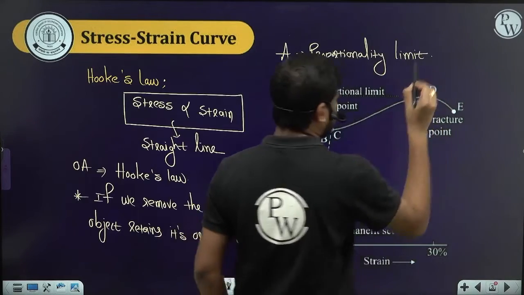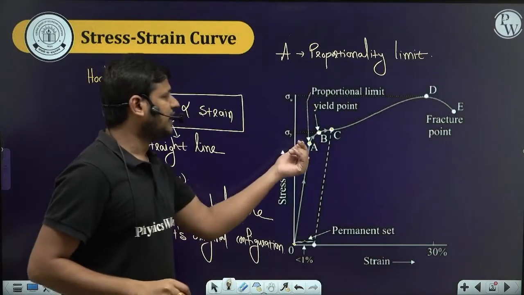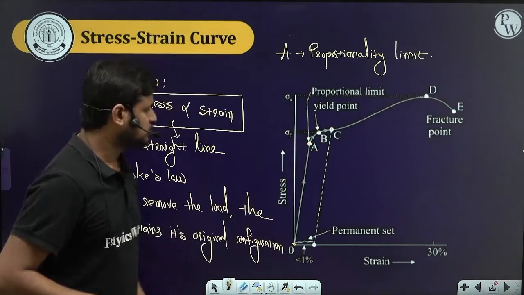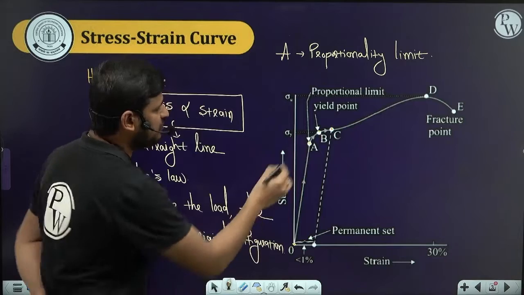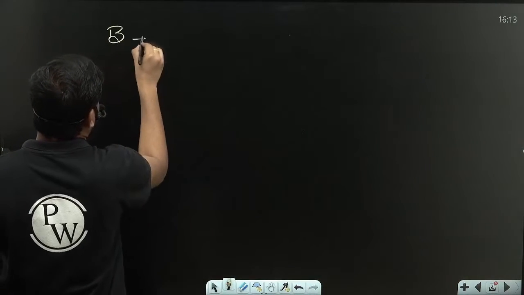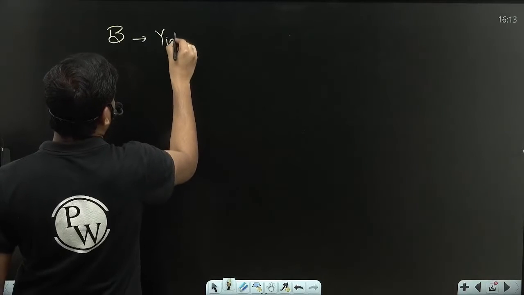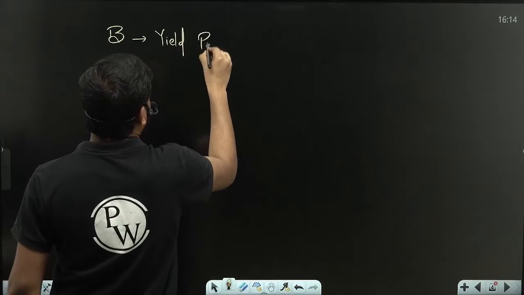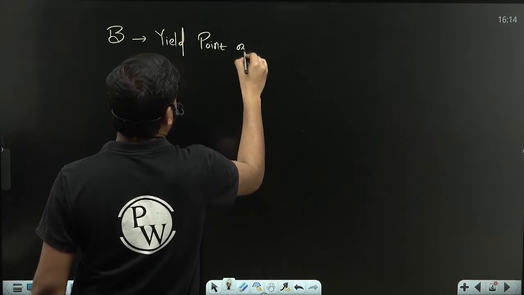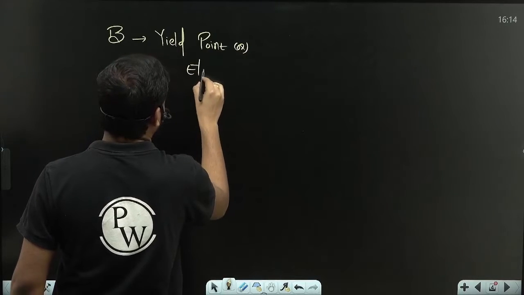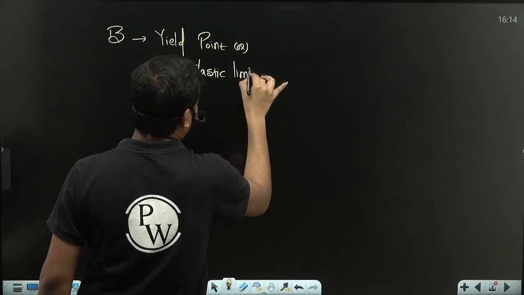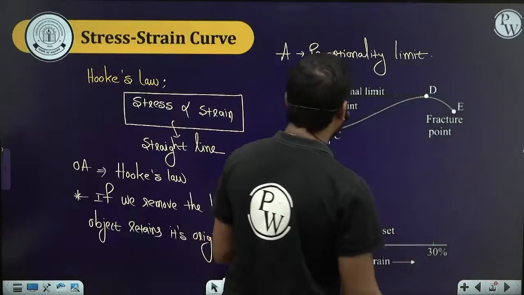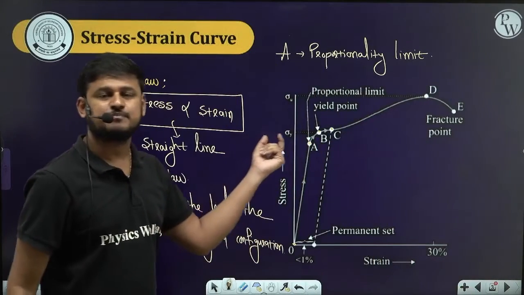Chalo. Now after point A, to point B. Let me write it here. The B point is called the yield point or elastic limit. That means beyond point B, the body loses the elastic property.